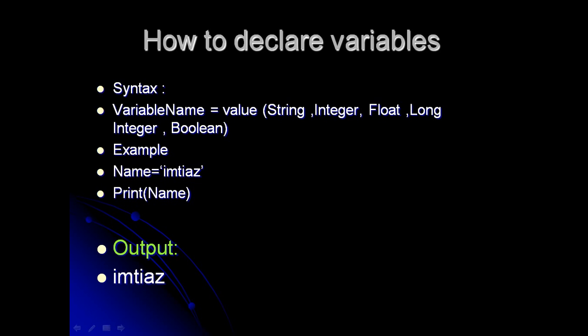For example, I have declared a variable called name. I have assigned the value as the string Imtiaz. When you print this, it will print Imtiaz, because the name variable has the string Imtiaz.